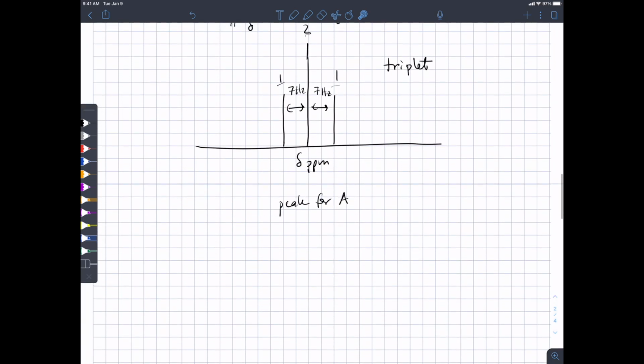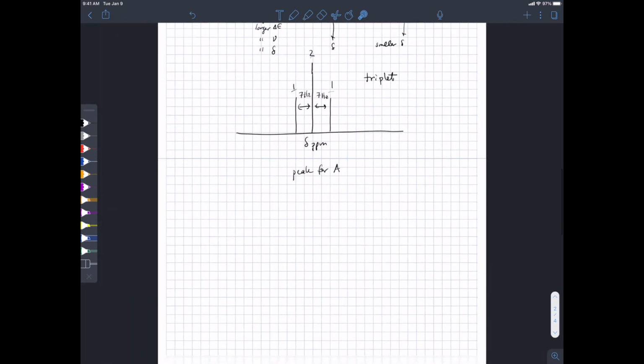You can think about imagining what the chemical shift of proton A is. I'm going to keep this lined up. Let's say that we turn off the coupling between A and B and the coupling between A and C. So for HA, we just see this one peak.